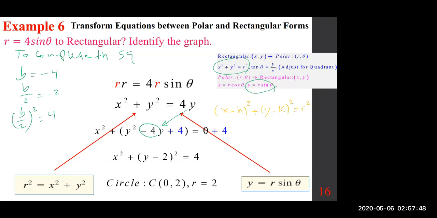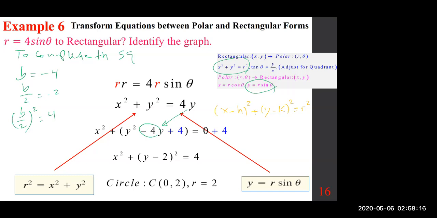So how did we go from polar to rectangular? We did the trick of multiplication by r, and it did the job for us. Does that work? Is everybody okay with that, class? Before I move on, I want to make sure everybody's in good shape. At the top where it says to compute the, sorry, what's that?